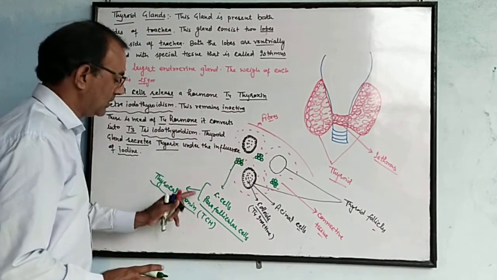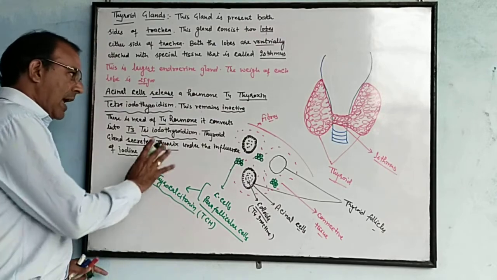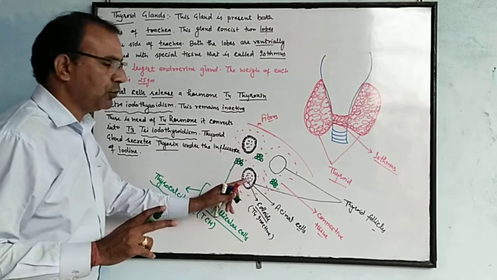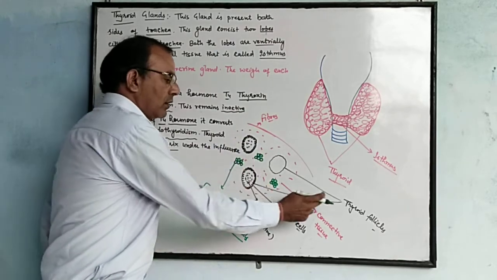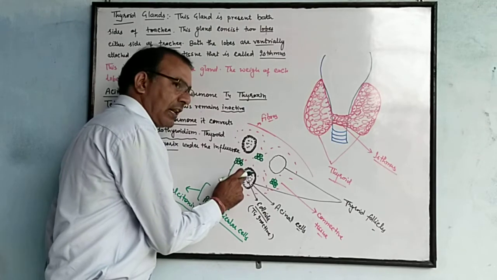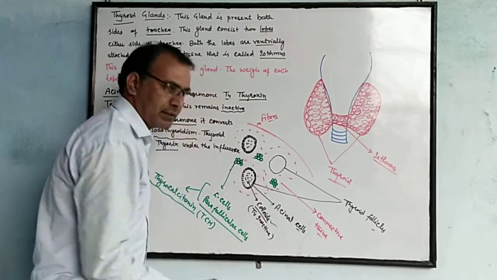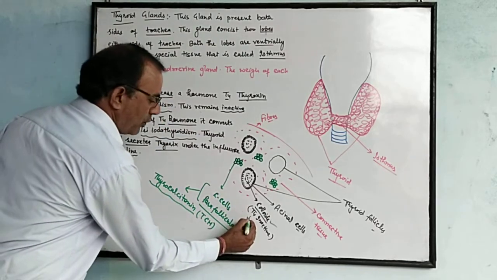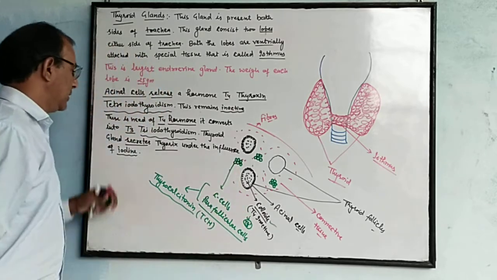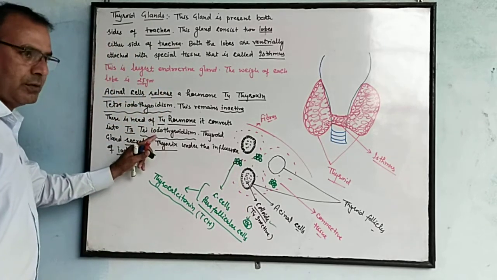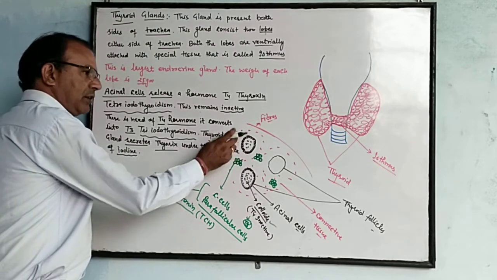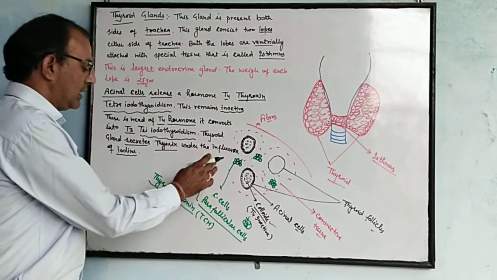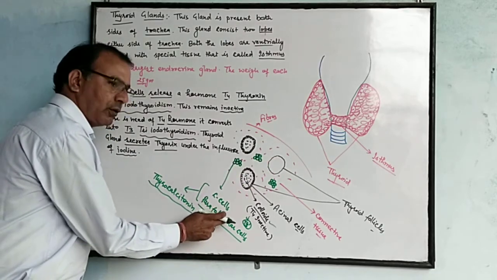So we can say that there are two types of cells. One is the acinar cell and the second one is the parafollicular cell. The acinar cell releases T4 thyroxine hormone, which is inactive and stays inside the cavity of the thyroid follicles in a jelly-like substance called colloid. When there is requirement of thyroxine hormone, T4 converts into T3, triiodothyronine. The second type of cells, which are present inside the connective tissue, are called C cells or parafollicular cells.